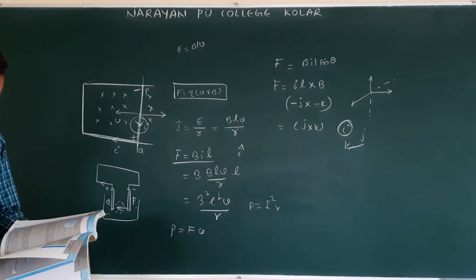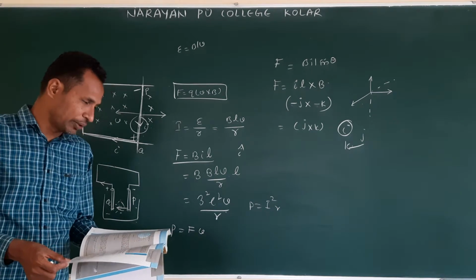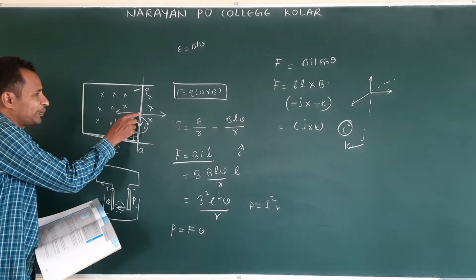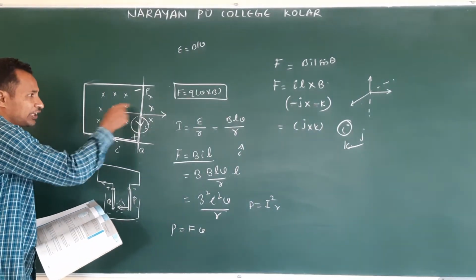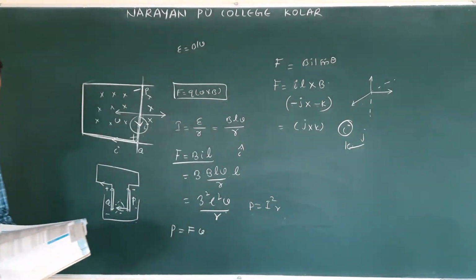The agent that does the work in a mechanical way, where does this mechanical energy go? The answer is it is dissipated as joule heat and is given by this. So we move the rod, we are doing work, and that comes here.